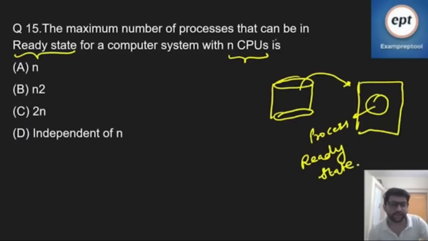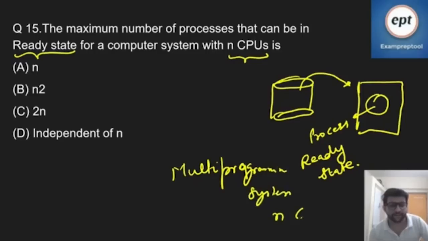And the maximum number of processes that can be in the ready state for a computer system with n CPUs. So we have been given a multi-processor system with n CPUs. We know that this number is independent of n.